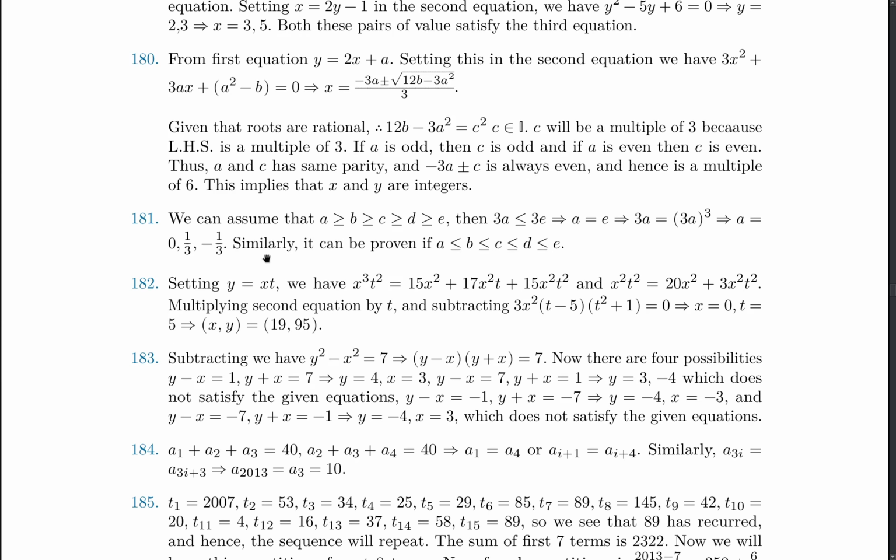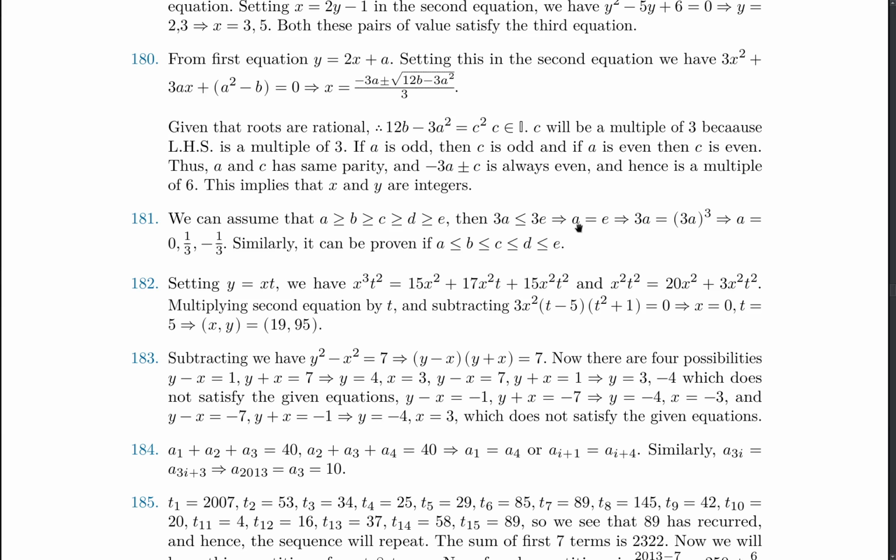So it's a very straightforward problem. Without loss of generality, we can assume that a ≥ b ≥ c ≥ d ≥ e. If such is the case, then 3a is greater than or equal to 3e.